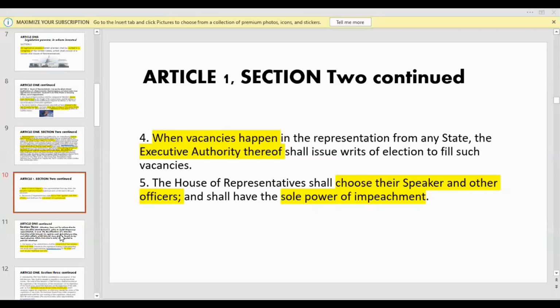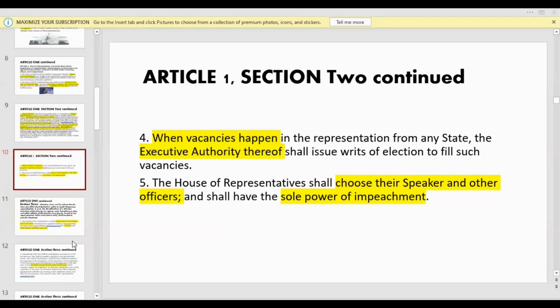So they just put a cap and said it's going to be 435 seats in the House of Representatives. Every state is guaranteed at least one, and the other 385 are apportioned based on population. So I hope that answers Warren's question. Let's move on to the next slide.